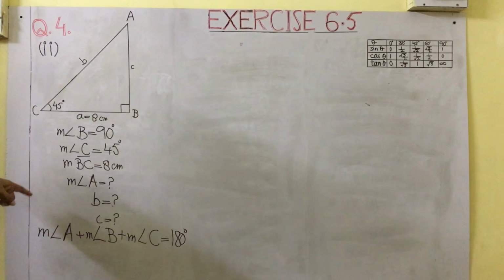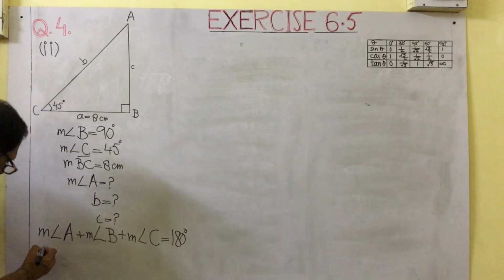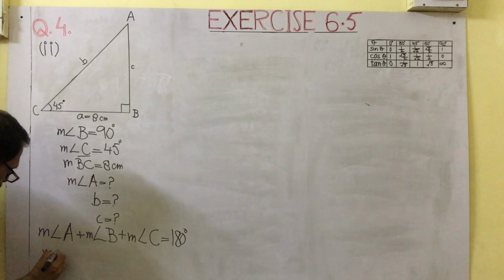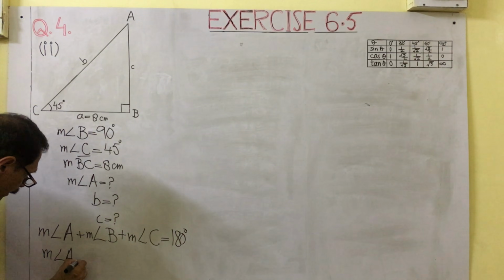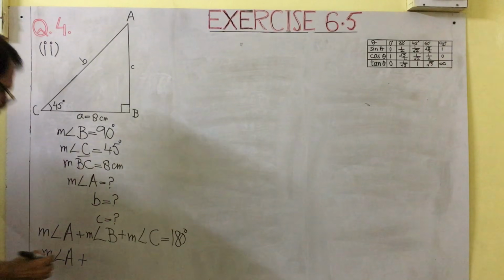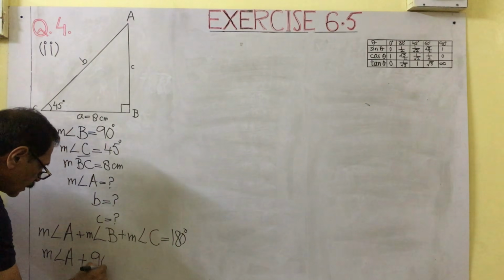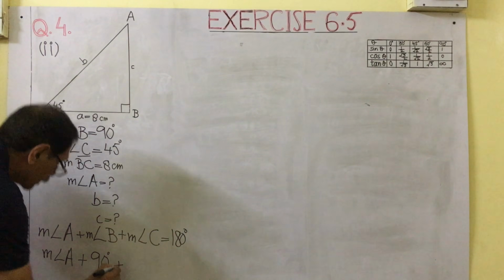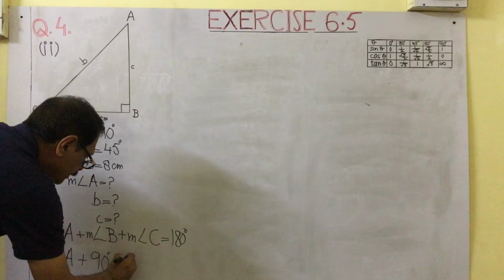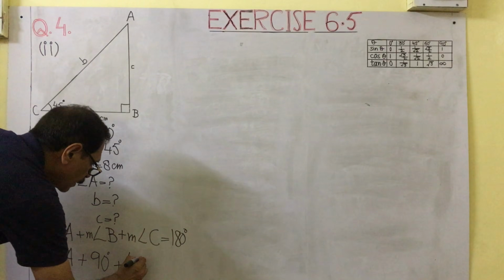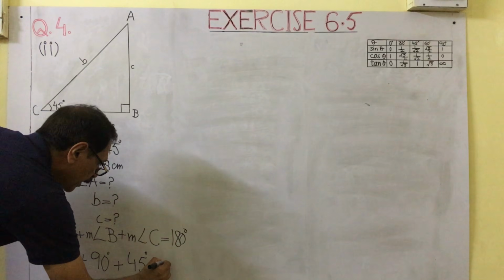Putting the values, angle A plus angle B 90 degrees plus angle C 45 degrees is equal to 180 degrees.